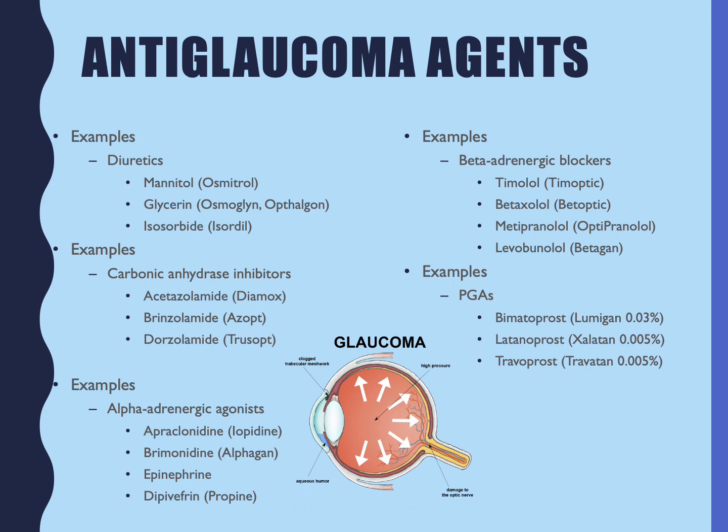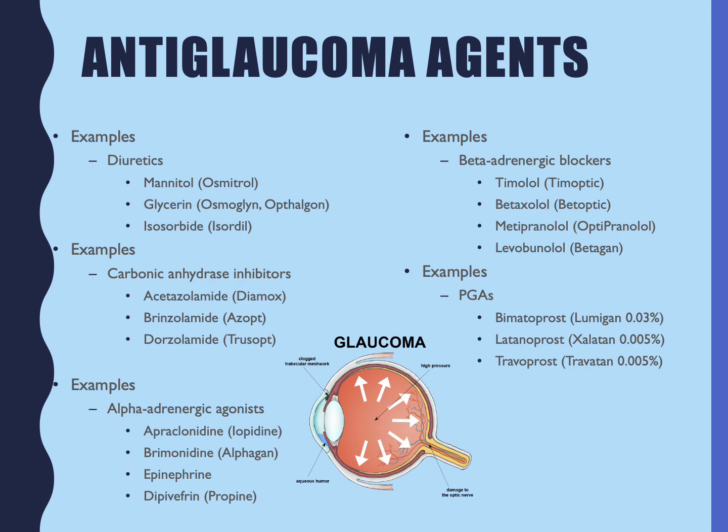Now, carbonic anhydrase inhibitors. Some examples of those include acetazolamide, brinzolamide, and dorzolamide. And how they work is they interfere with the production of something called carbonic anhydrase.